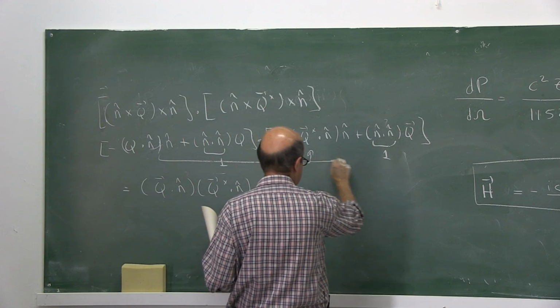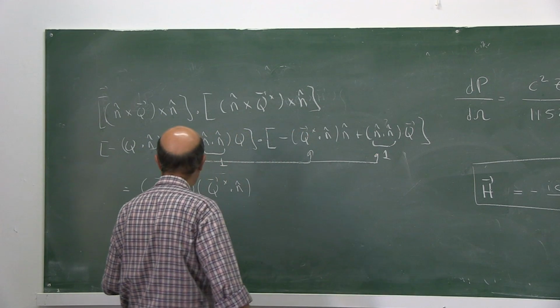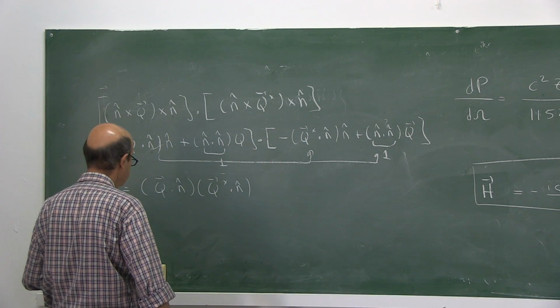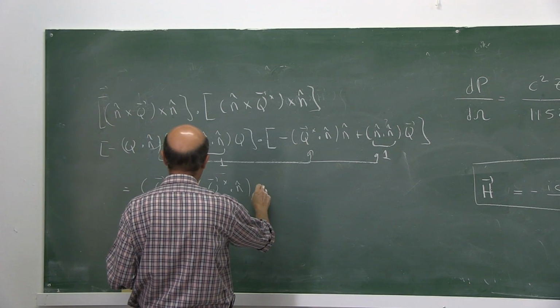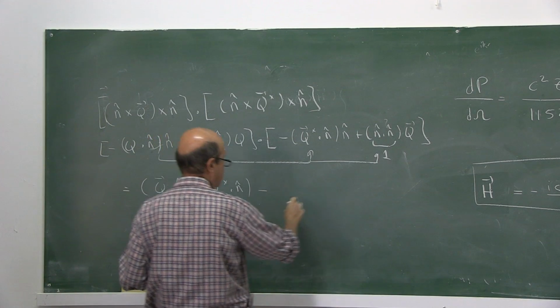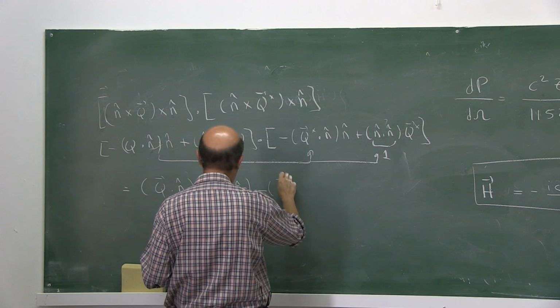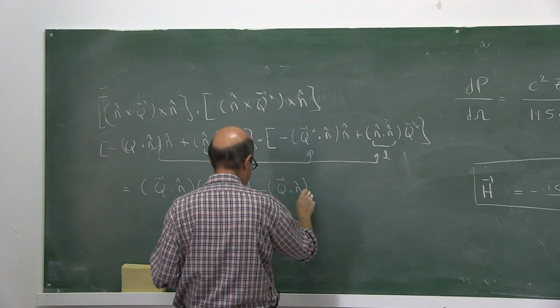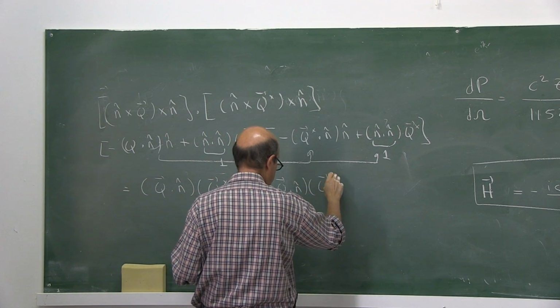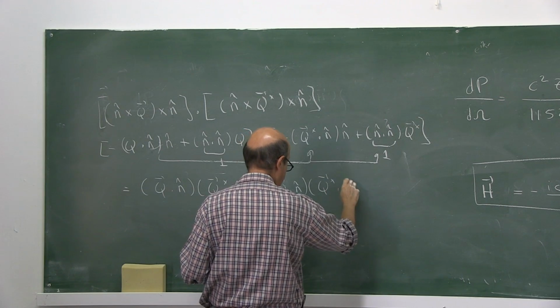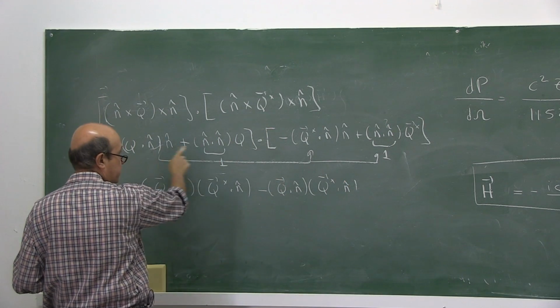And if you do the second term, there should be minus Q complex conjugate dot N, Q dot N. That is the second term with minus.